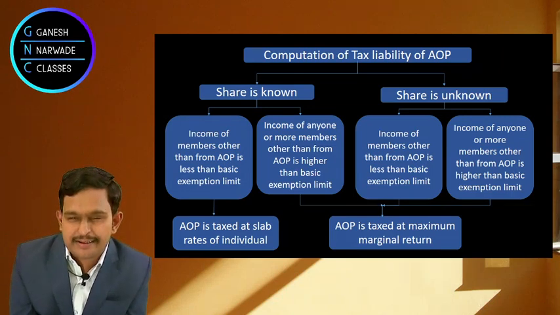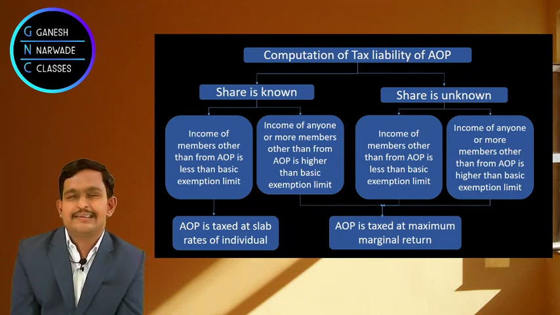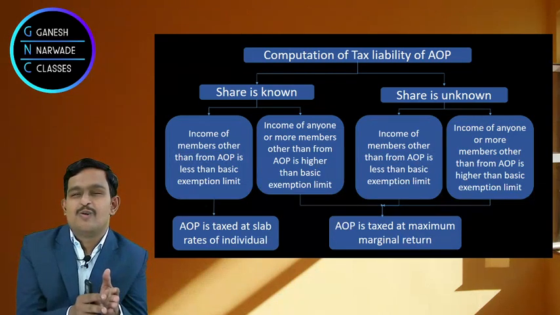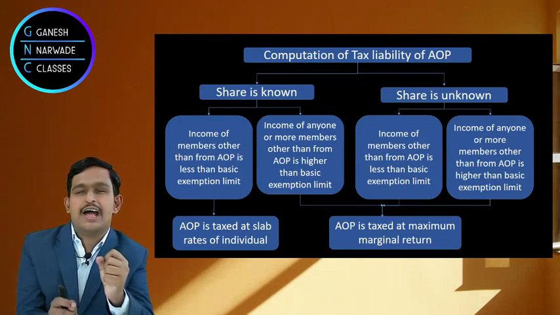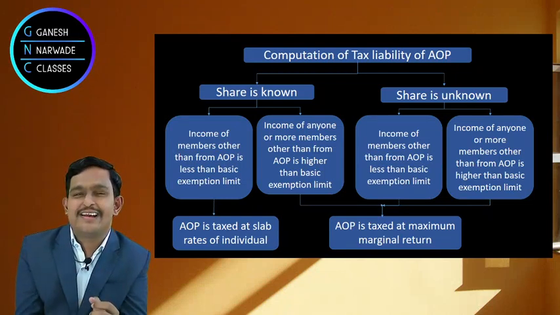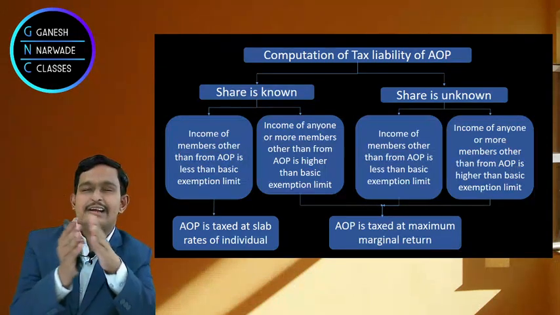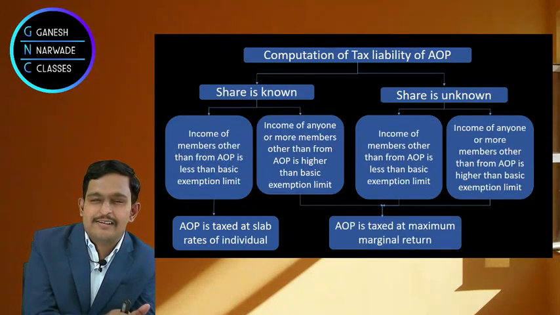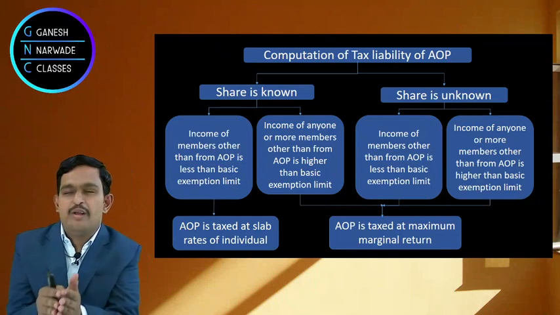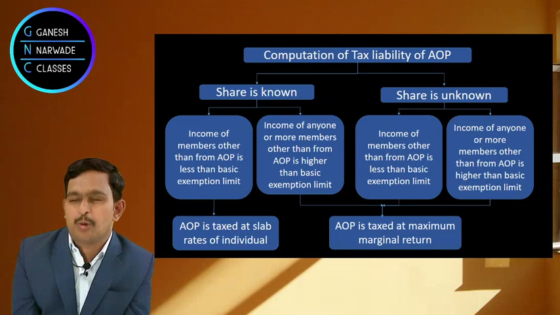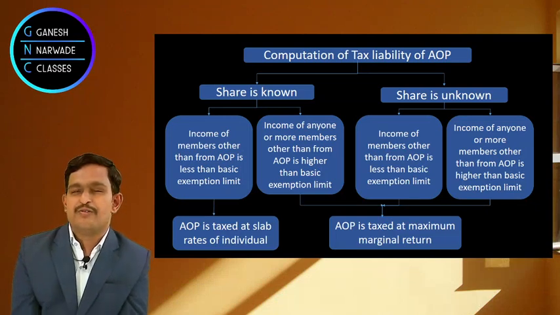MMR, maximum marginal rate. Now when you see the textbooks, they will tell you that if there is a member whose tax rate is more than the maximum marginal rate, then for that share AOP will be taxed at that higher rate, and for balance income at MMR. सब फालतू की बातें हैं, छोड़ दो, टेंशन ही मत लो. Why?